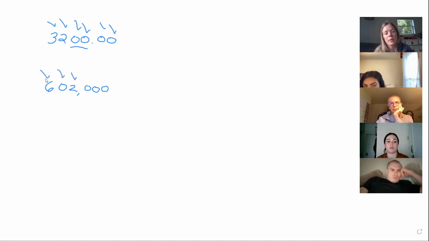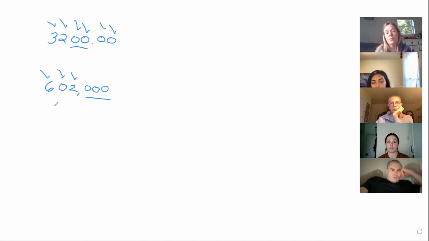And I know the 0 in between these are also significant. Where am I unsure? These zeros here. I don't know if they're significant. I don't know if they're telling anything about precision. I don't know if this is like, oh, it's 602,000 in a casual way, or if it's exactly 602,000. I can't tell the way that it's written here.